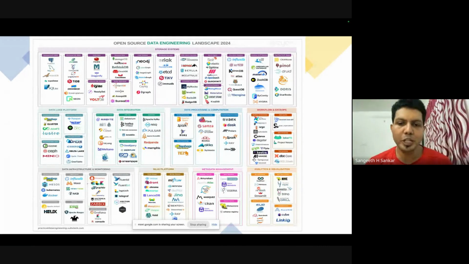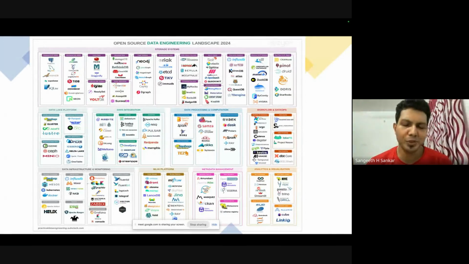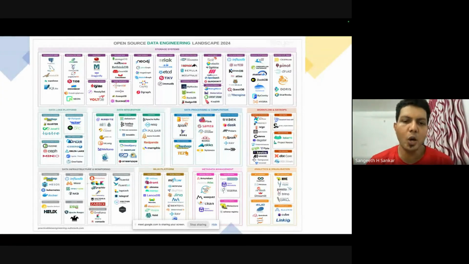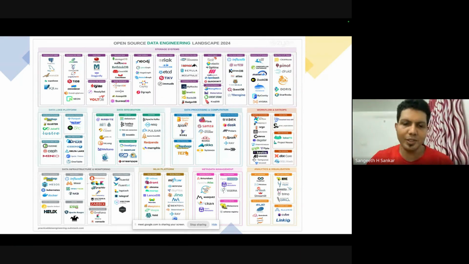So that they should be able to understand your data and build some meaningful insights out of it. So that's where this metadata management comes into play. Then you have this analytics and visualization where you can build some cool dashboards, some self-service dashboards or pre-canned dashboards so that our executives can just see how well we are performing and can predict the future, how things are going to be.